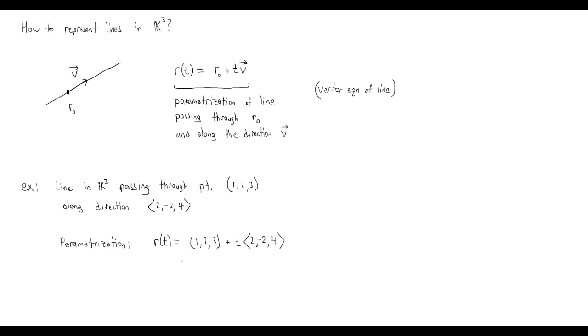Now, if I were to do the vector algebra here, adding the x components together, we get 1 plus 2t. And we get 2 minus 2t. And then we'll get 3 plus 4t.